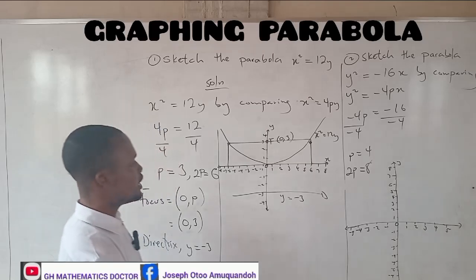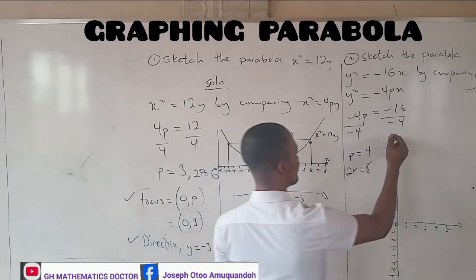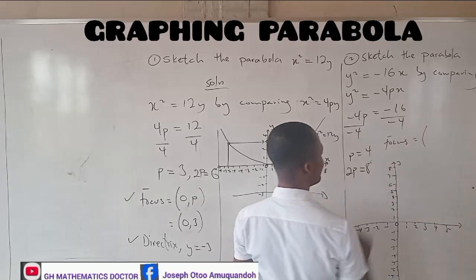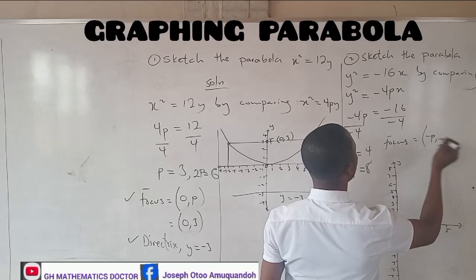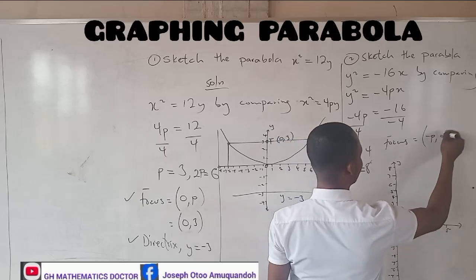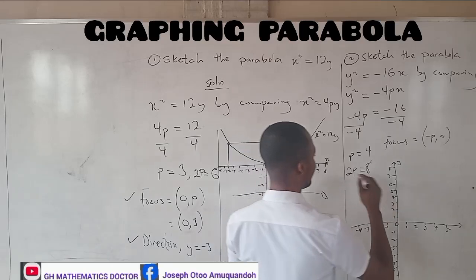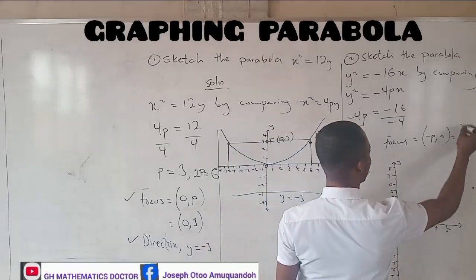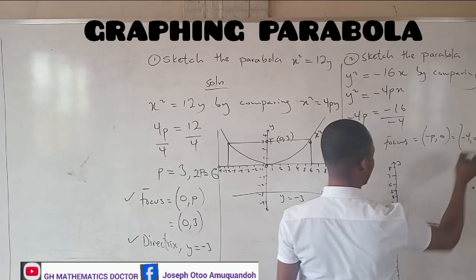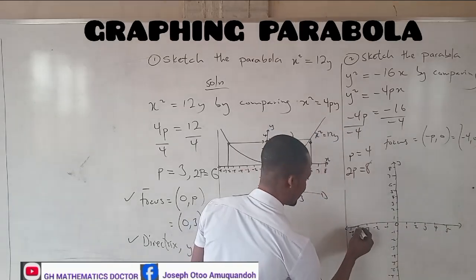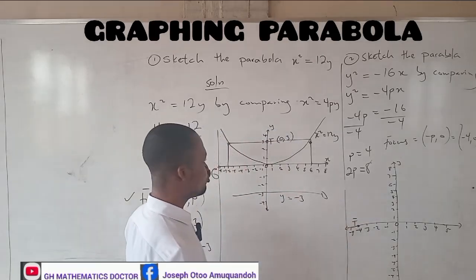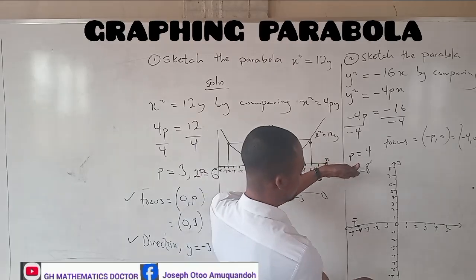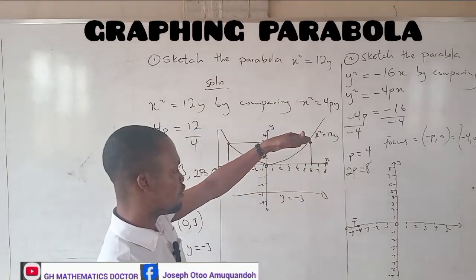Alright, so we need to locate our focus. Since it's on the negative side of the x-axis, our focus here is negative p, 0. So our focus is negative 4, 0. The negative 4 is somewhere here, and that is our focus. And the 2p will be the extension to the corresponding axis.